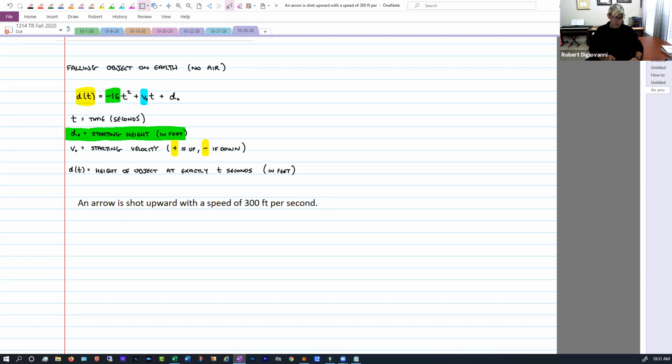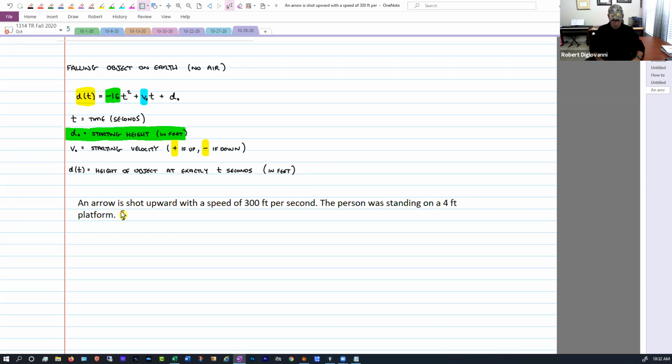Let's just say that the person that shot the arrow was standing on a little platform. The person was standing on a 4-foot platform. I don't want them to be on the ground because I want us to have to account for a height that they shot it from, okay? I want us to have that in the formula.